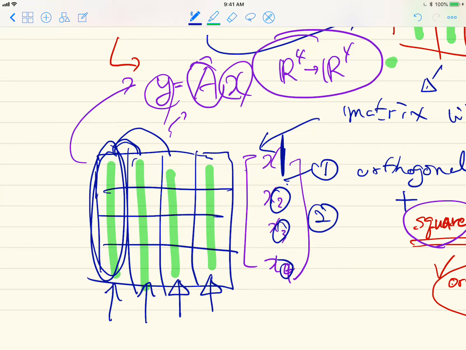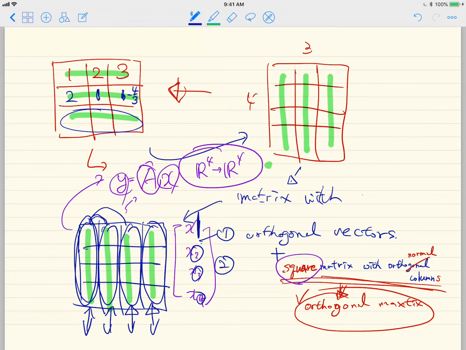Okay, so the individual column vectors included in our matrix will actually be the function outputs of the standard unit vectors, which are also orthonormal, so their vector lengths remain 1. And what about their vector angle?